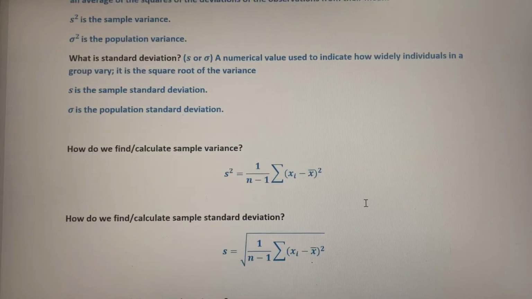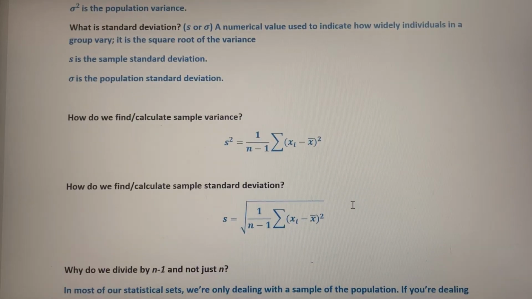So I'm giving you the formulas here. This is the formula for the sample variance, so S squared. It's going to be the sum of each individual observation in the data set subtracted by the mean. We're gonna find these deviations from the mean, and we're gonna square those deviations, and then we're gonna add all those deviations together.